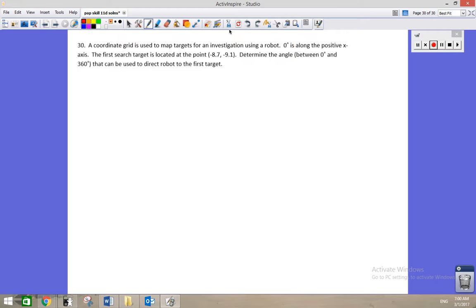Alright, so I think there's one more. Now this one isn't used in a compass, it's redefining its own 0 degrees to be in standard position like we do. 0 degrees is on the positive x-axis, so that's what we're normally used to. So we have a coordinate grid, just a Cartesian coordinate system. The x and y are both negative, so we're in quadrant 3. So if I draw my x-axis and y-axis, if I call this 0, this point is here.